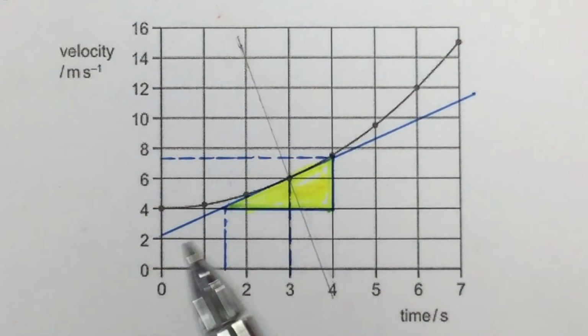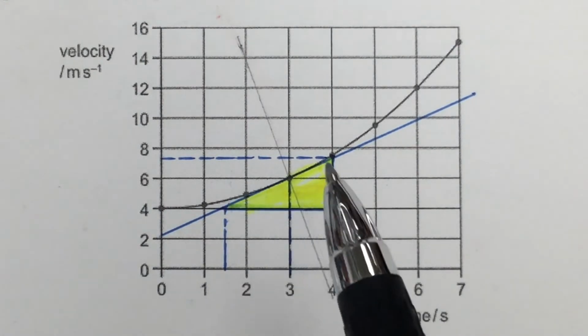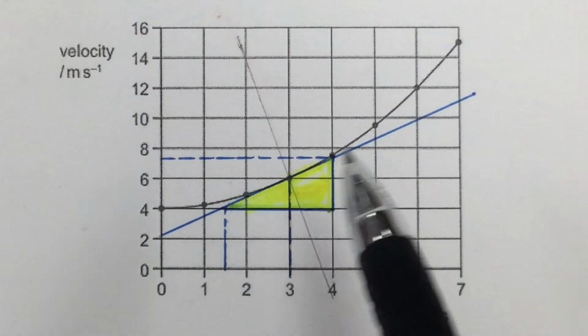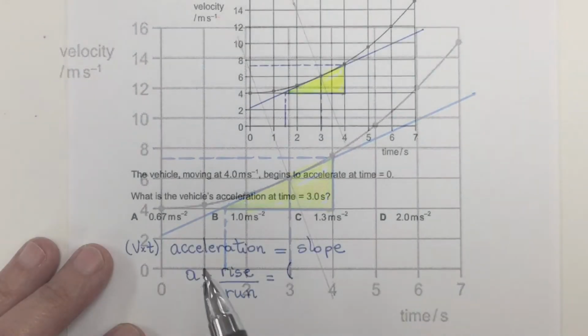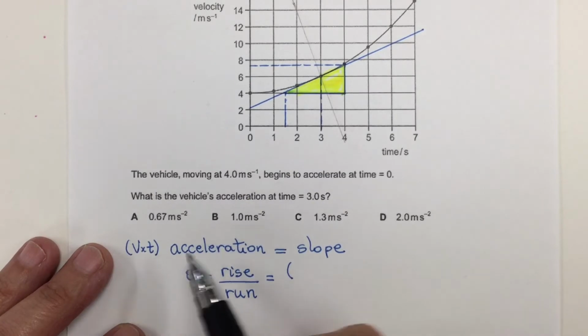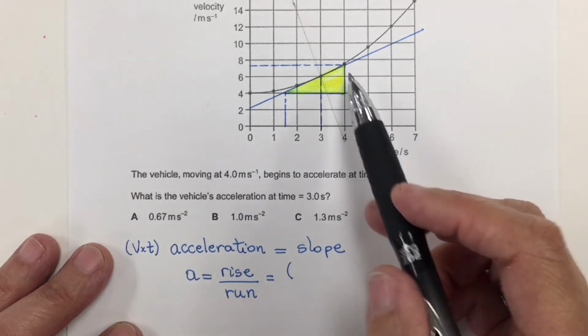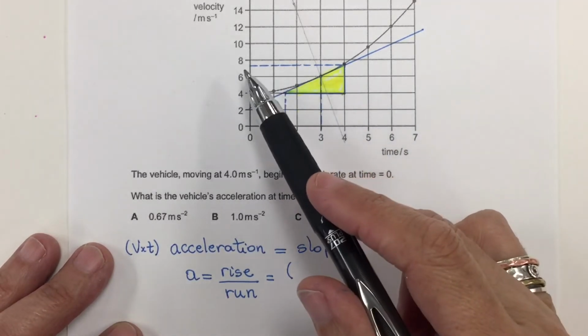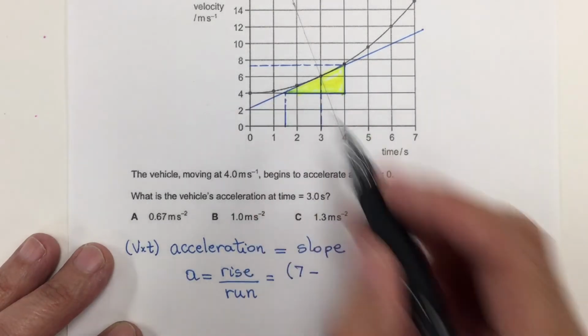Okay, so the acceleration of this velocity time graph at this point is the slope right here. So we need to calculate the slope. The acceleration of a velocity time graph is equal to the slope. So slope is rise over run. For the rise, I'm going to round here, 7 minus 4.